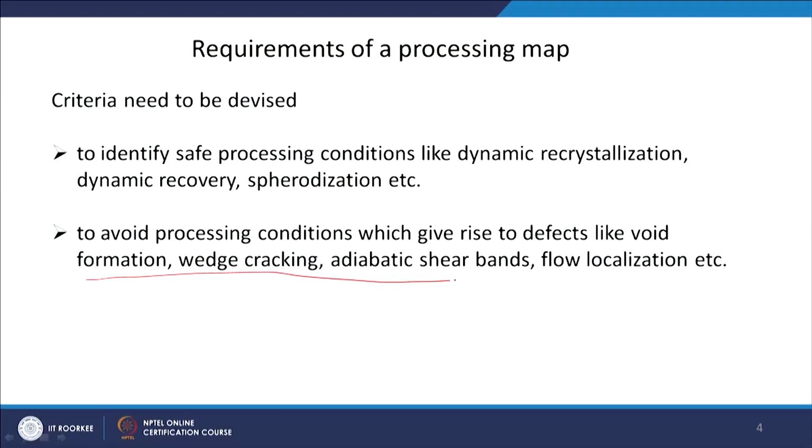All these defects are flow localization. So, this is the requirement of a model or a processing map, that it should be able to identify these two important considerations for me: safe processing conditions and unsafe processing conditions.